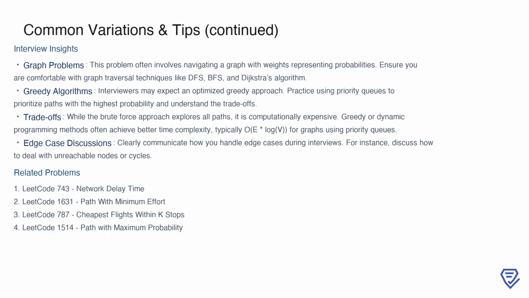Lastly, it's helpful to draw connections to similar problems, such as LeetCode 743, which focuses on network delay time, or LeetCode 787, which involves finding the cheapest flights within a limited number of stops. By practicing these related problems, you can refine your understanding of graph-based algorithms and their variations.